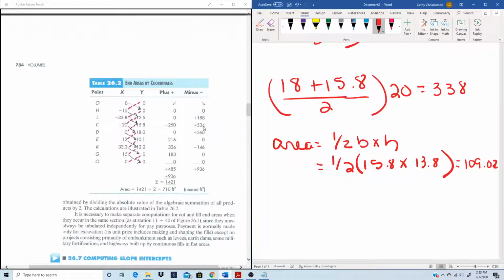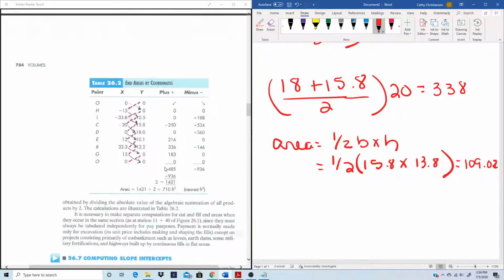And I got 534.04. And this would be a negative 20 by 18. And that's got 334. And then I got a 0 times 10.1, so that's 0. 12 times 12.44, 12 times 12.22, which gives you a negative 146. A 33 times 0 and a 15 times 0 is all zeros.